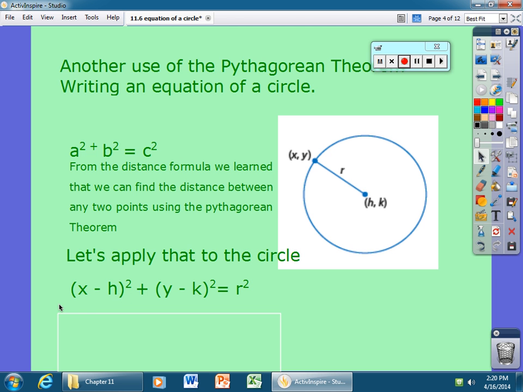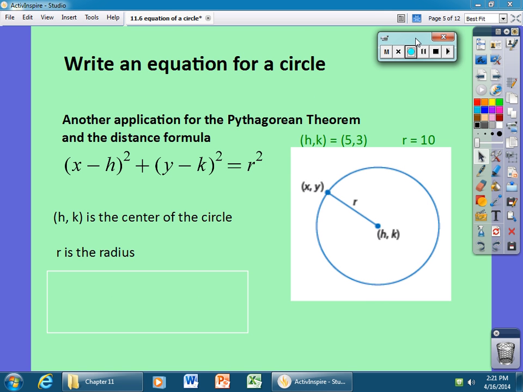That's the first part. We're finding the distance, if you remember. So if I'm putting it in Pythagorean theorem, the distance between the 2 x's, the distance between the 2 y's, and that's supposed to equal the radius squared. So if we plug all of these things in, that gives us what we're going to use as the equation of a circle.